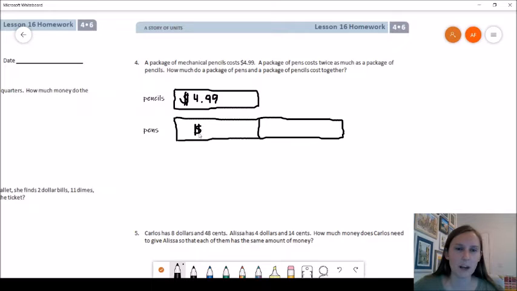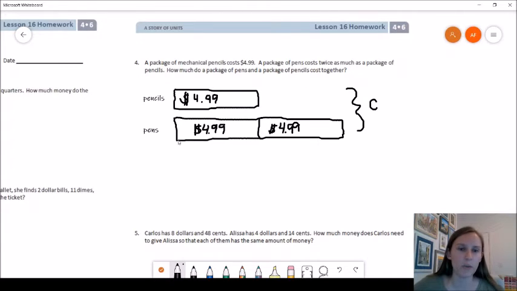So my tape diagram for my pens here is going to be twice as long as my pencils because the pens cost twice as much as the pencils. And then we're trying to find how much they cost together. So I'm trying to find in all how much the pencils and pens cost together. So I'm going to use C here to represent cost. You can use a different letter if you choose to.